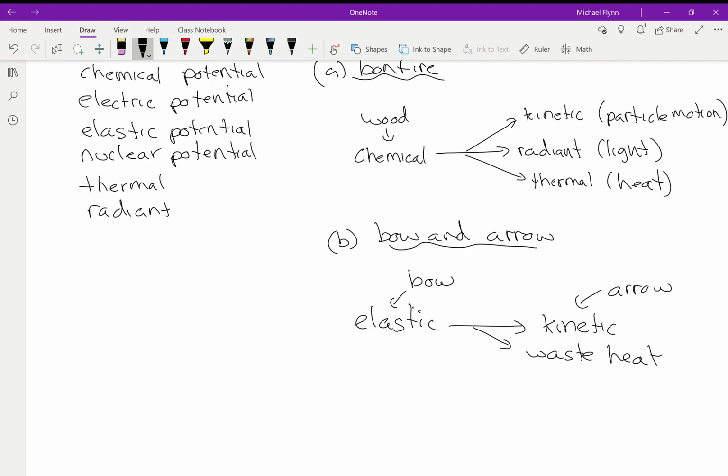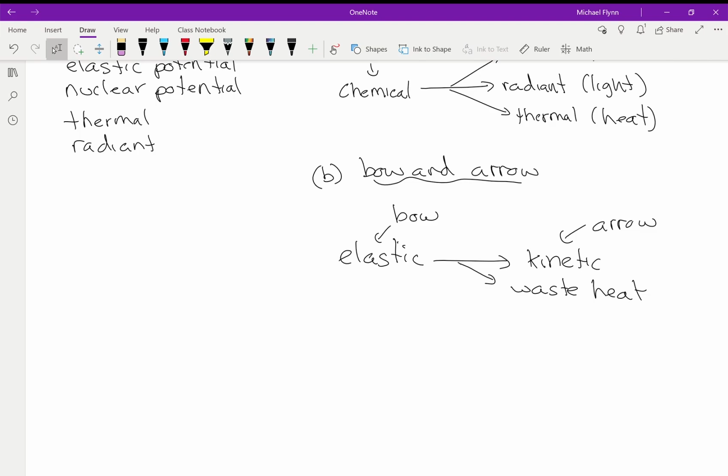And so waste heat is just a normal sort of thing. The reason why waste heat happens is because of something in chemistry and physics that we call entropy. You always get waste heat. It's a law in physics that whenever energy changes forms, waste heat is created in the process. In other words, some of the energy dissipates out into the environment in this form called waste heat, and that's just completely unavoidable. It's how our universe is. Okay, you always get waste heat.